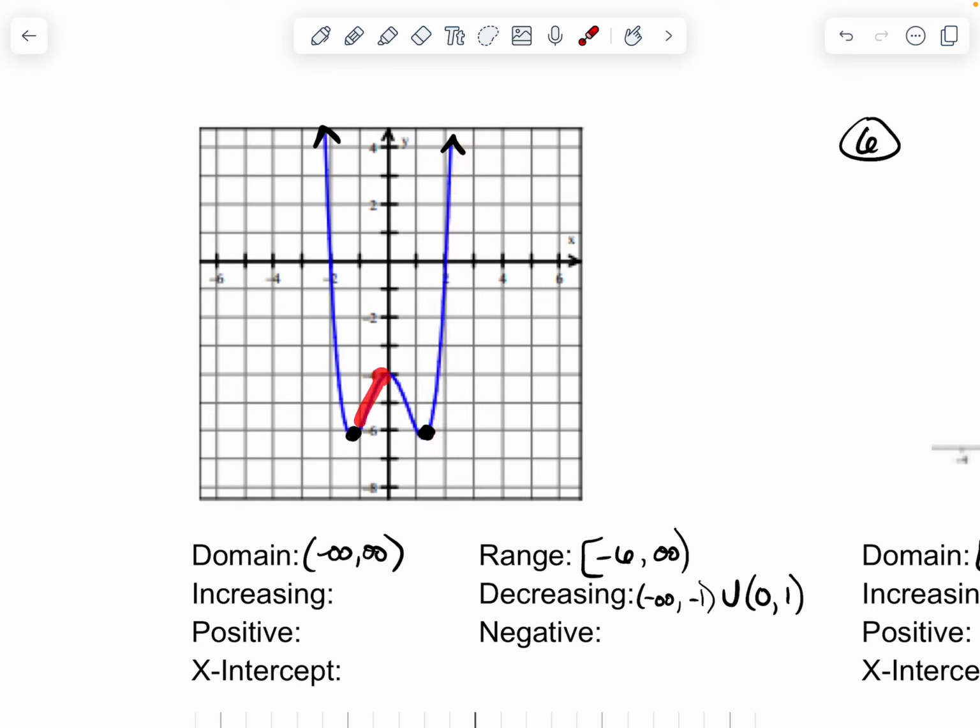Well, these are the two instances when the graph's going up, right there and right there. So those values are from negative 1 to 0, and then from 1 to infinity. So that's our increasing interval. We are from negative 1 to 0, union 1 to infinity.